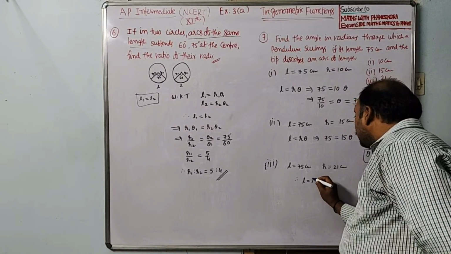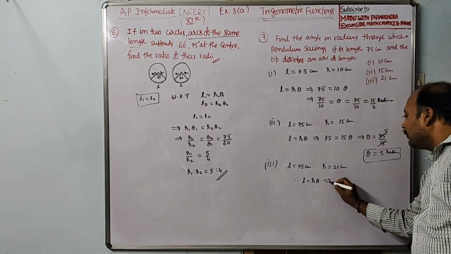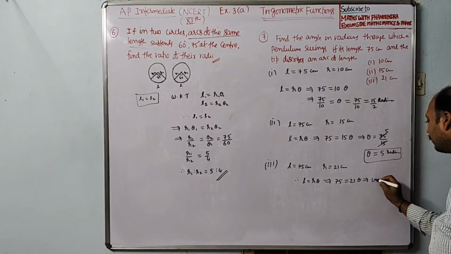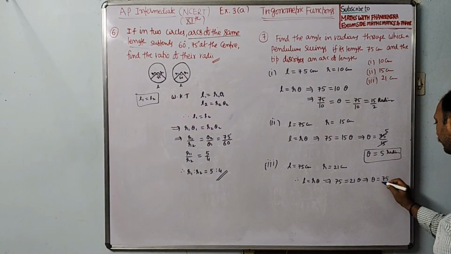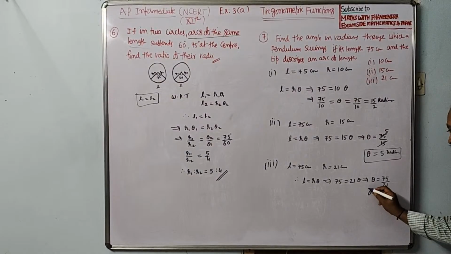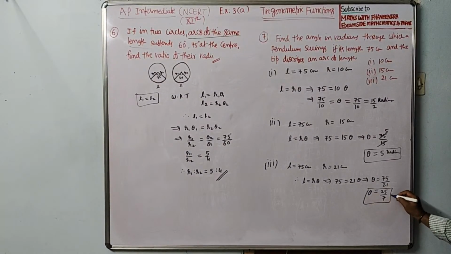Therefore, L is equal to R theta, 75 equal to 21 into theta. Theta equal to 75 divided by 21. So 3 25s, 3 7s. So theta equal to 25 by 7 radians. This is the way we can do it, dear students.